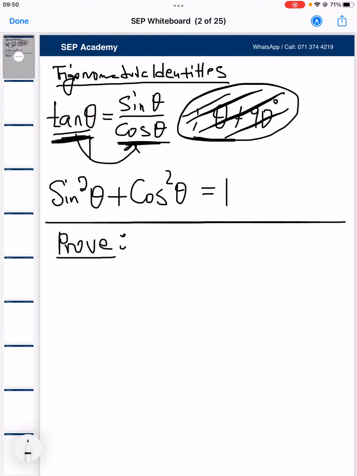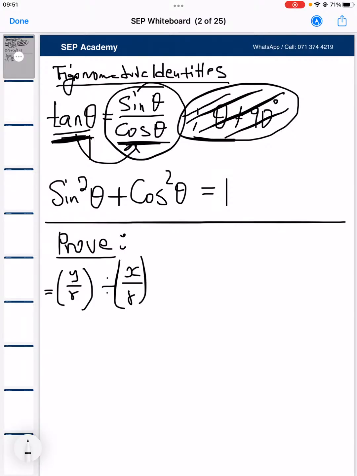So let's now see. In terms of proving, the ratio for sine, what is the ratio for sine? Sine, we know it is y over r. That is being divided by x over r, being adjacent over that. And then we do know very well that in primary school, it ends up being where you change that sign.